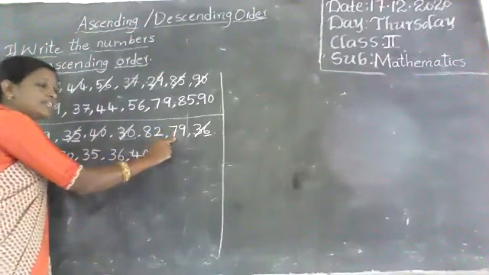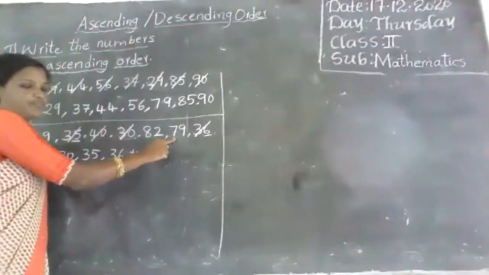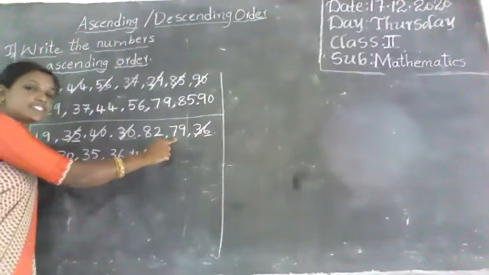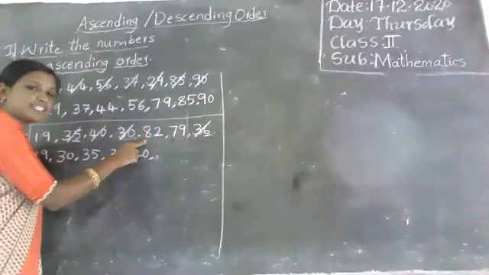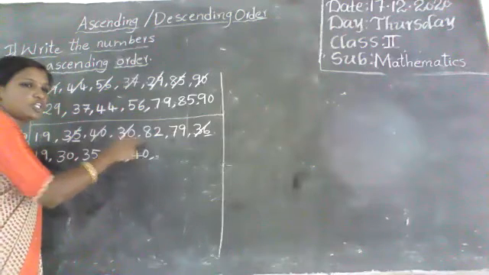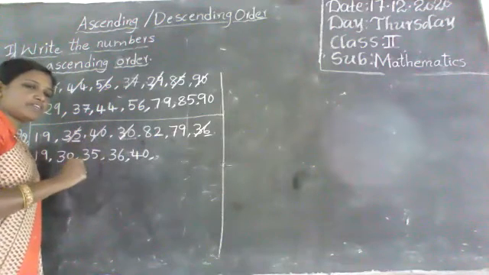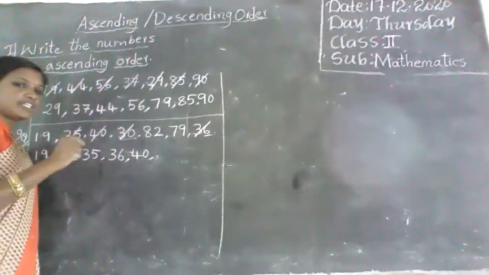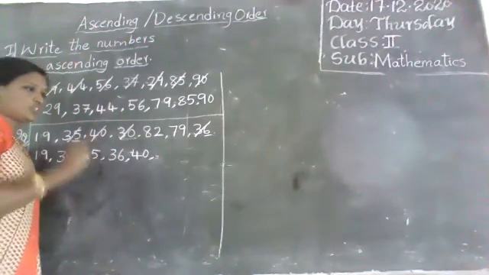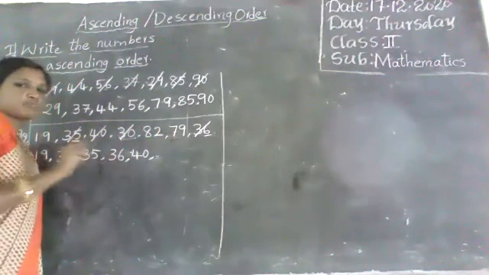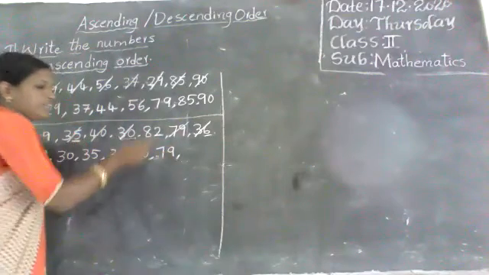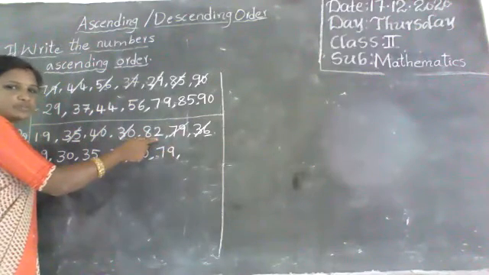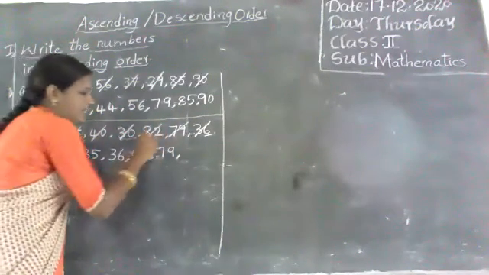In this number, 7 tens are there, and in this number, 8 tens are there. So 80 is bigger, and 79 is the smaller number. Next, 82 is final.